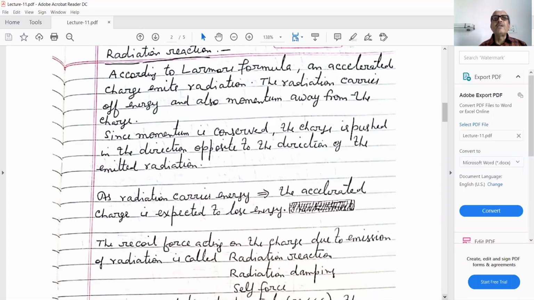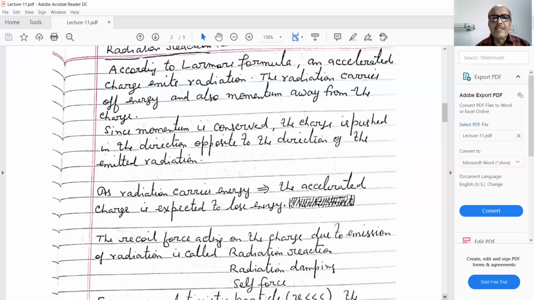So radiation reaction is nothing but the force exerted by the radiation emitted by the charged particle onto the charged particle itself. It is a sort of opposing force acting on the charged particle.